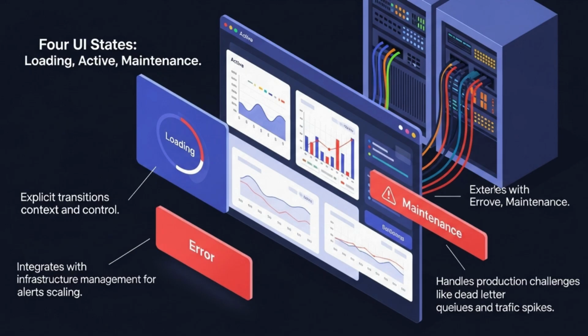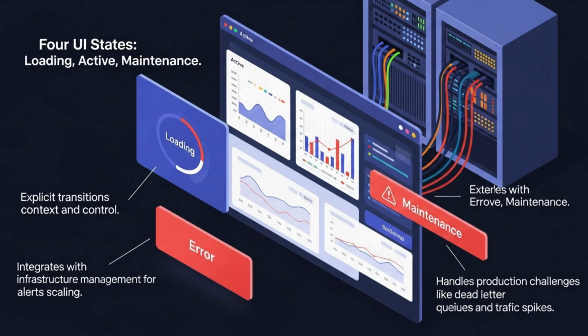The error state gracefully handles connection failures with built-in retry logic. And finally, the maintenance state allows for controlled degradation or informative messages when backend services are being updated. Each of these state transitions is explicit and recoverable, meaning users never lose context or control, even if parts of the system are temporarily unavailable.